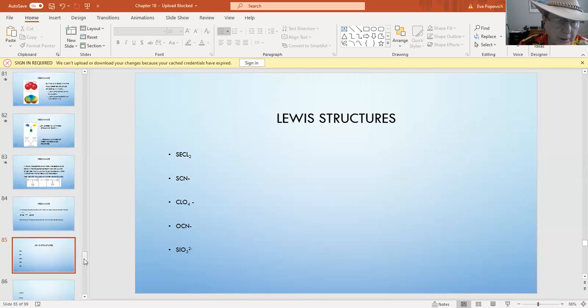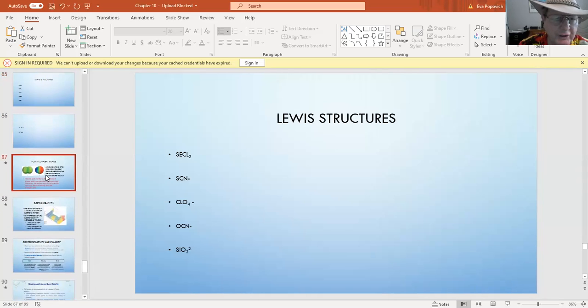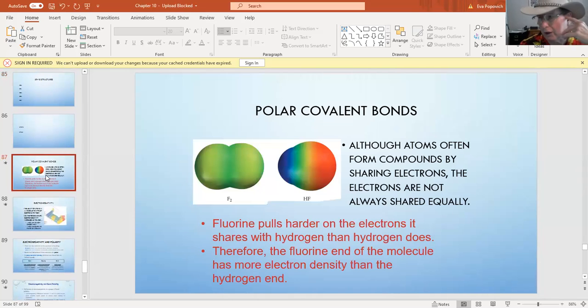All right, the next thing we're going to talk about is something that's a little easier to understand, and that is polarity of bonds. And polarity of bonds is going to lead us into a discussion of the molecules being polar. Now, remember we've been talking about 3 different types of bonds.